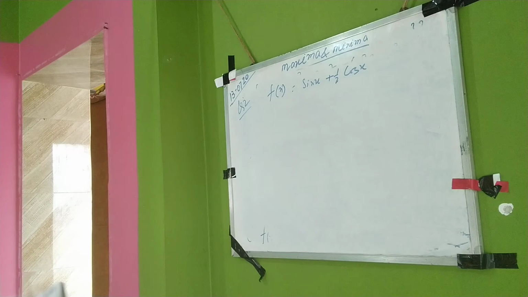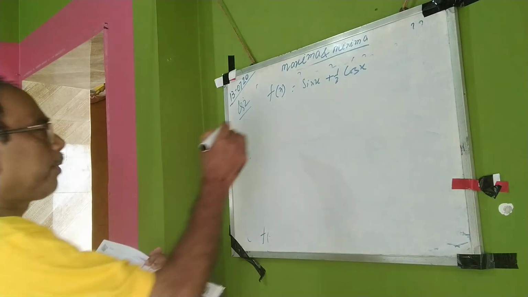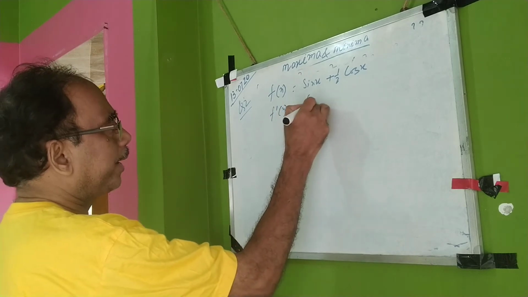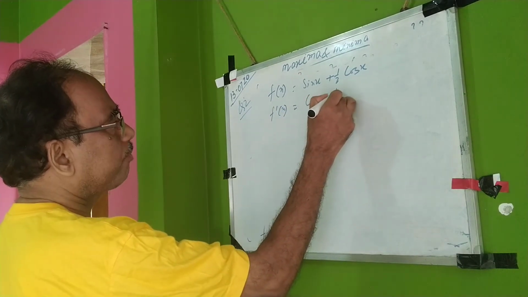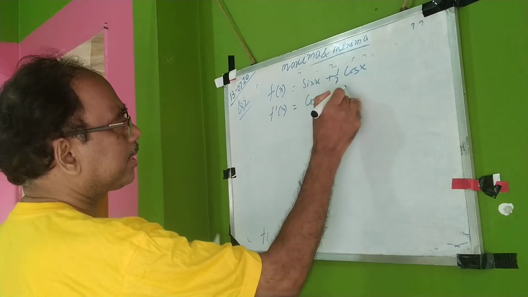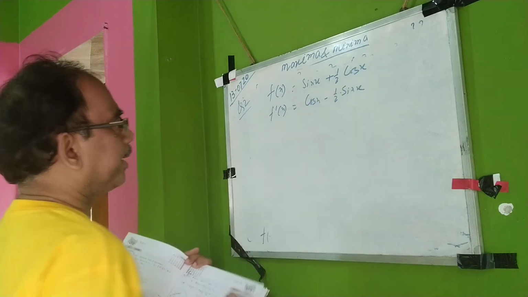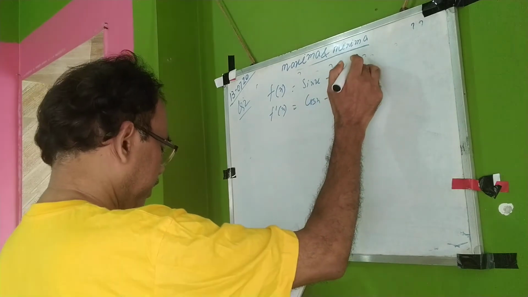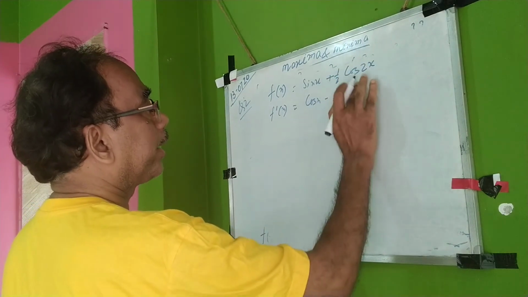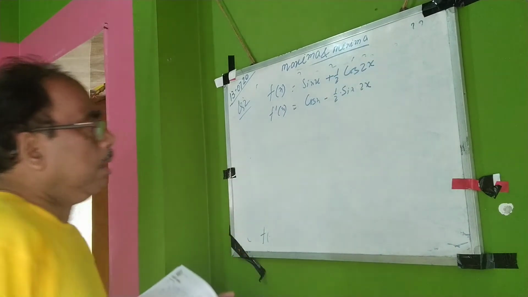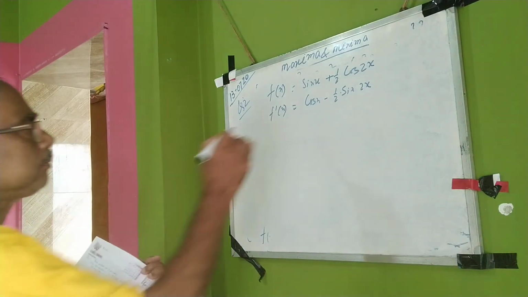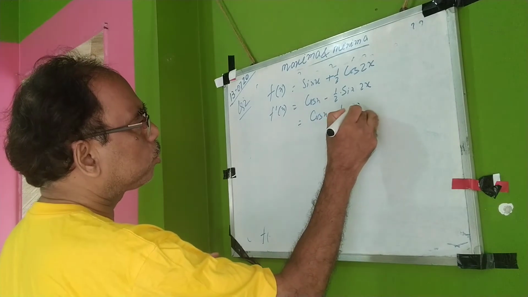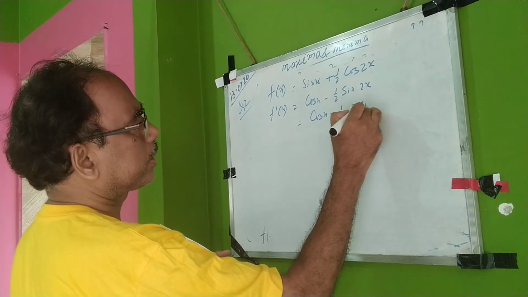Just like the previous sum, there is a trigonometric function. First you have to get step 1, f dash x. f dash x is cos x plus half into minus sin x. That is minus sin x. Now we know sin 2x, cos 2x. That is cos x minus half into 2 sin x cos x.